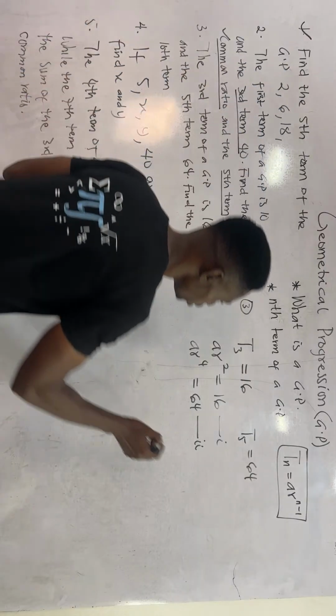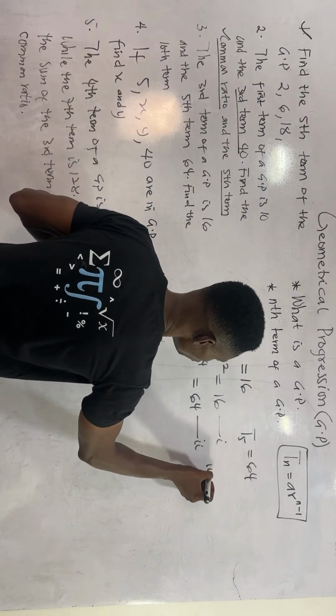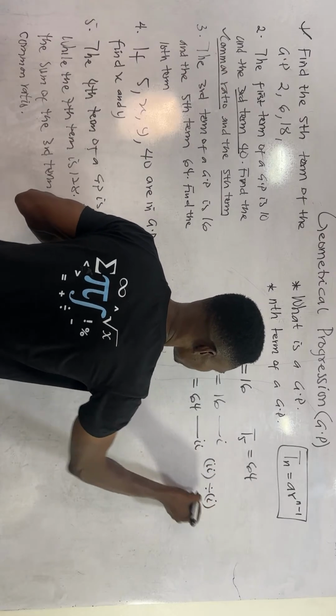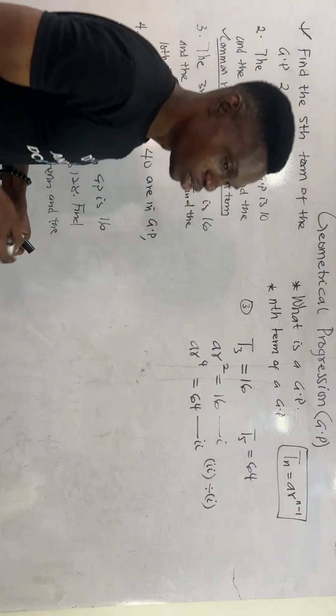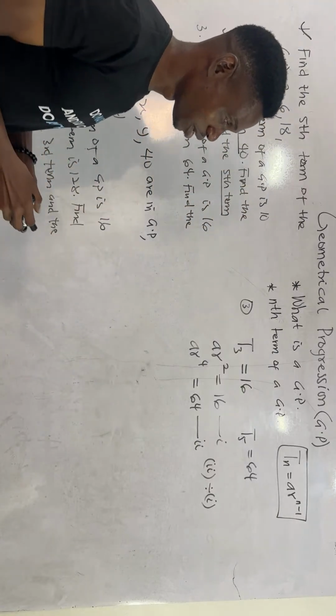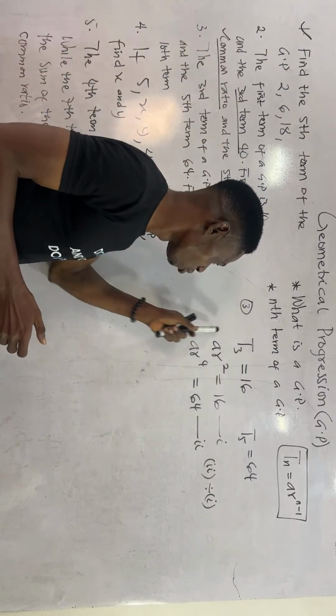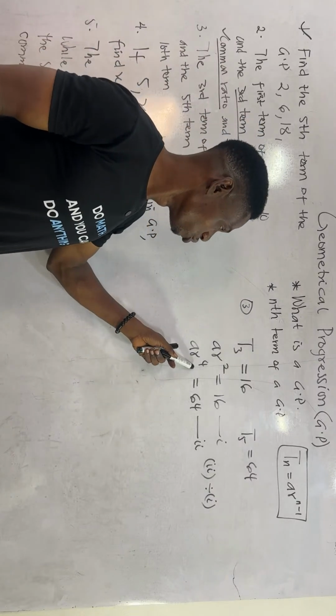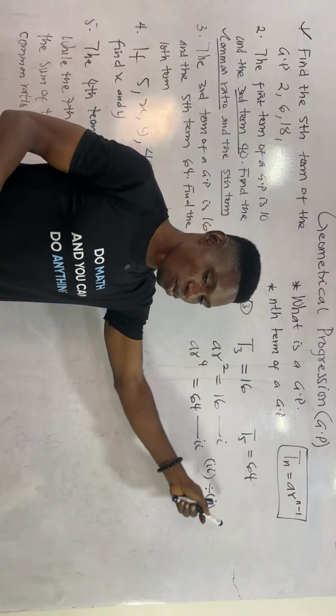We can do equation 2, the bigger one, divided by equation 1. Remember last week we did equation 2 minus equation 1. Now in geometric progression, because we deal with ratios, we'll say equation 2 divided by equation 1.